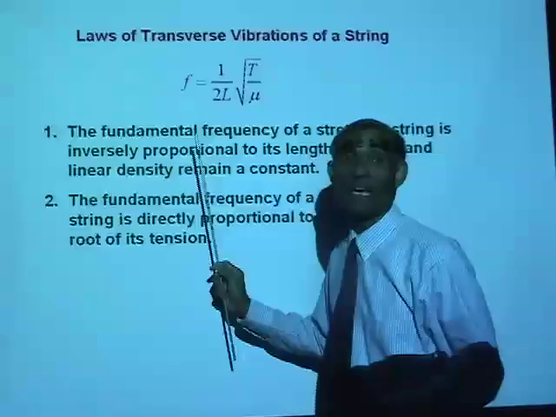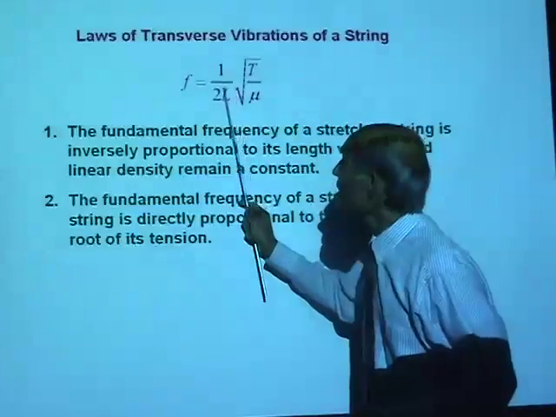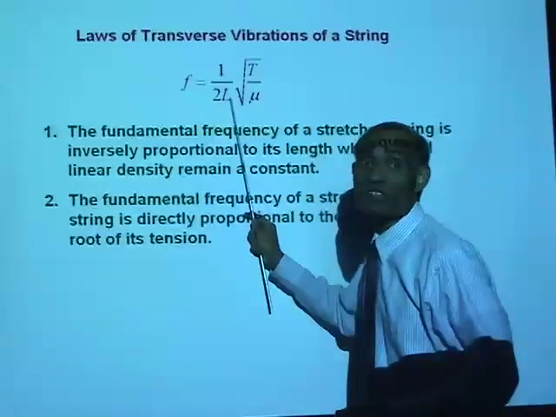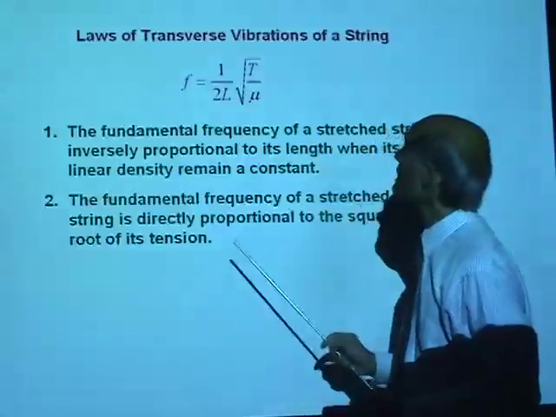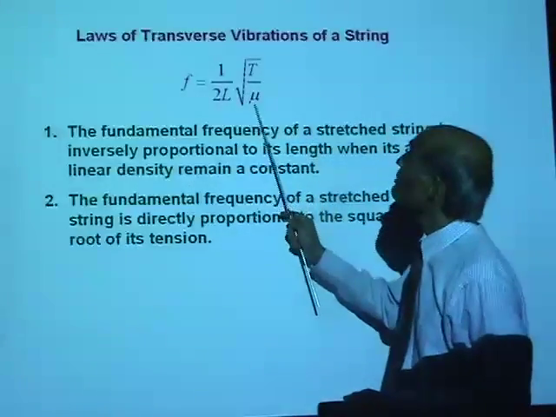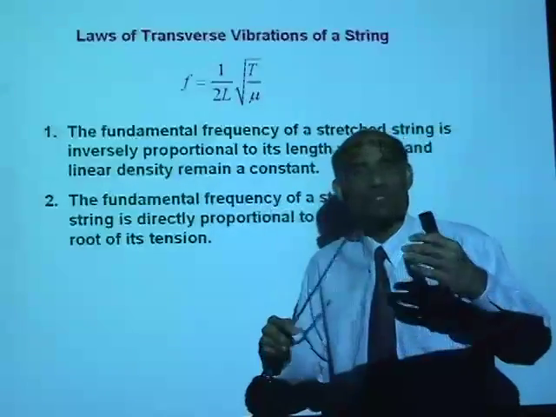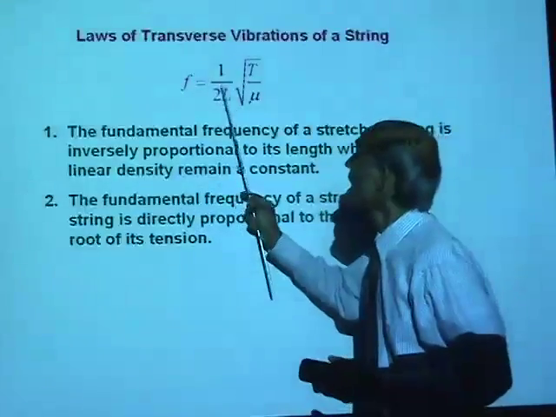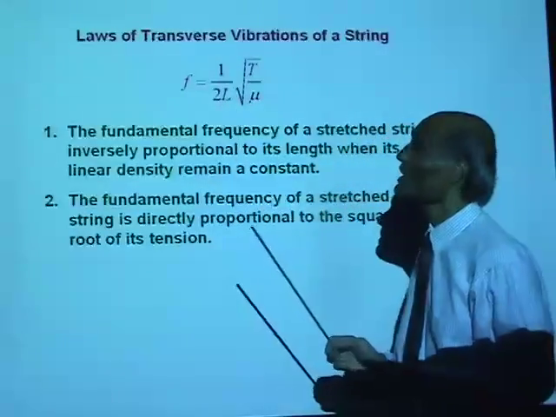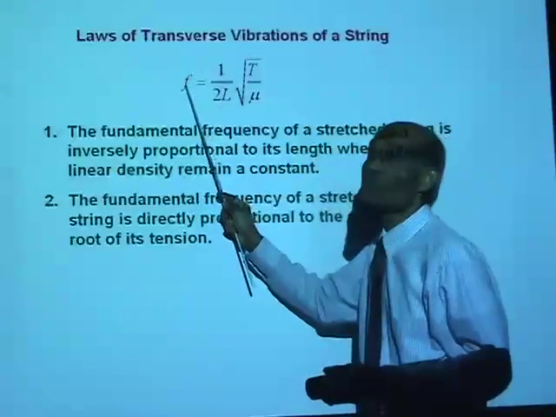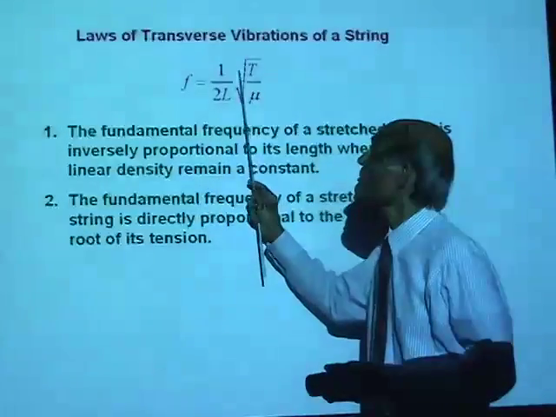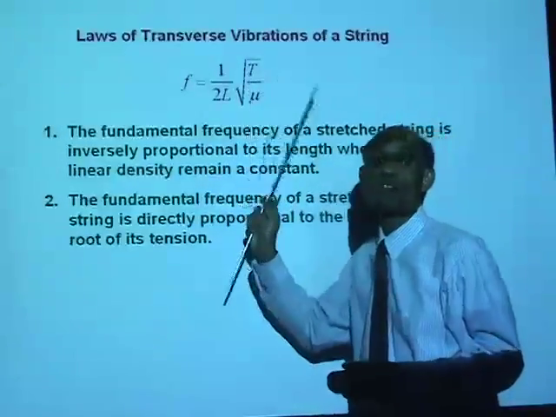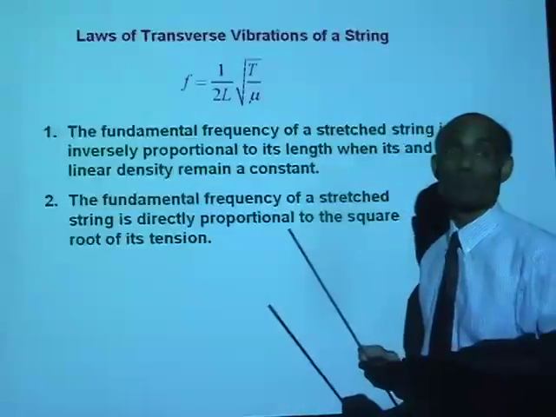The second law says, for a given length, if length and the value of mu are kept constant, well, mu actually describes the thickness of the wire, then the frequency is directly proportional to the square root of the tension.